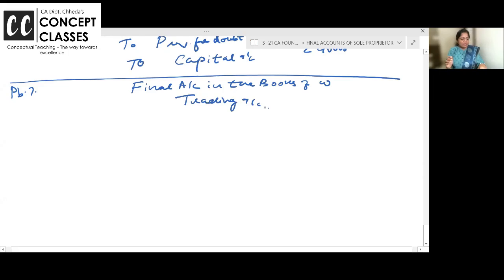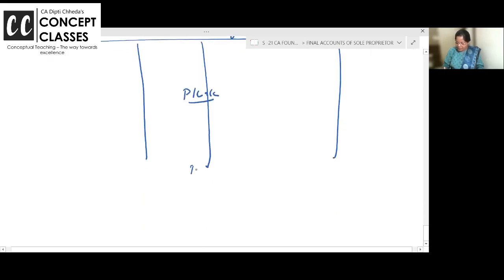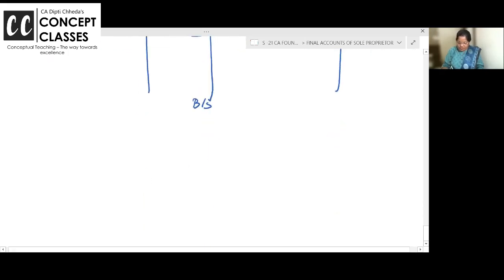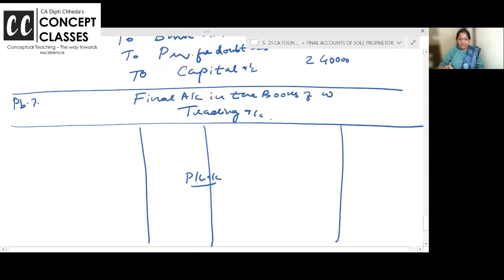Trading account. शुरुआत किससे करेंगे? Trading account. If you want, you can write now journal entries. अगर required है तो मुझे बोलो. Trading account आपने लिख दिया. P&L account. Balance sheet. Trading account, P&L account and balance sheet. Draw the format on full page, particulars amount, particulars amount.